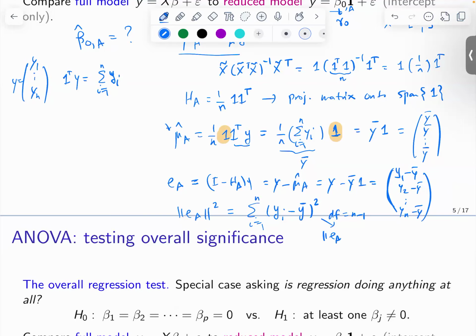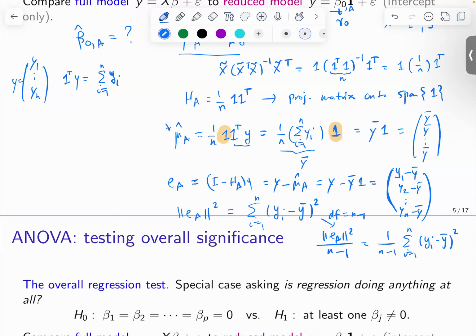And so if you want to divide it by the degrees of freedom, you get this, which is really the natural estimate of the variance in that model. This is like our s squared, if you remember, in this reduced model. And this happens to be exactly the sample variance that you see in earlier courses potentially. And you can get, for example, that this is unbiased for sigma squared.